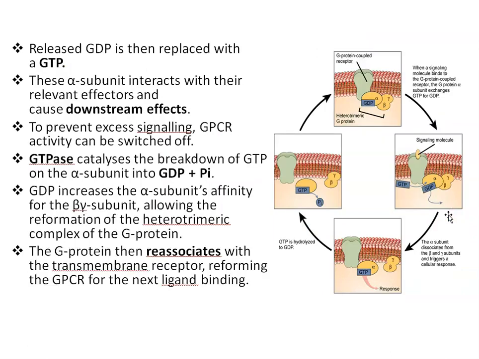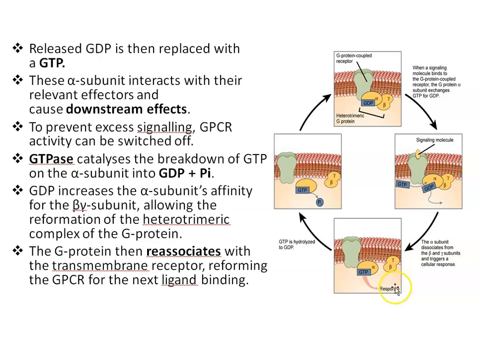Now, this released GDP is then replaced with GTP, right? Now, these alpha subunits now interact with their relevant effector and cause downstream effects, right?